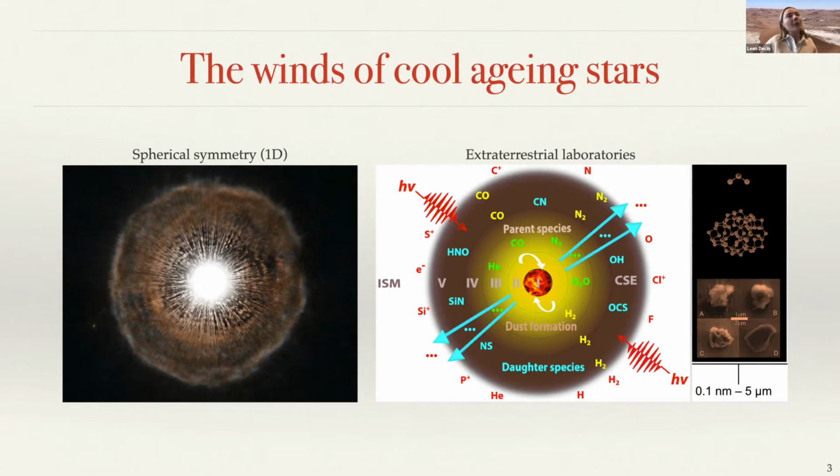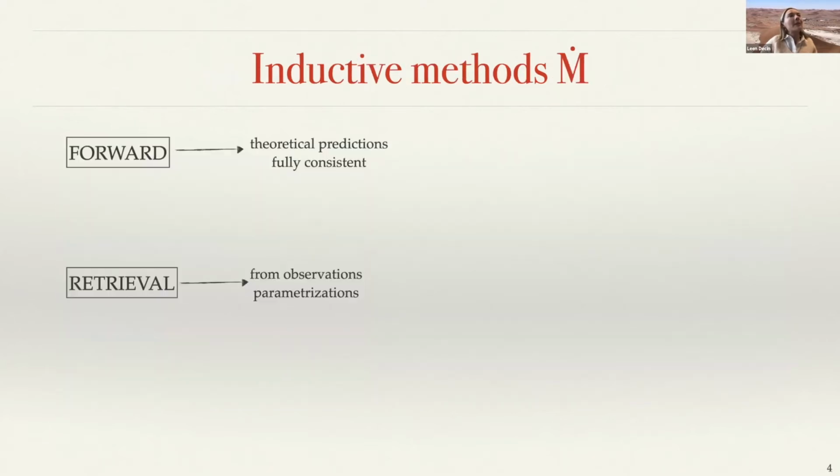As you all know, trying to understand a phenomenon can always be done in different ways. You can do it in a purely theoretical way, the forward models, where you use all kinds of theoretical knowledge, benchmarked by observations, and you do the predictions. Or you can do it a little bit differently, the retrieval approach.